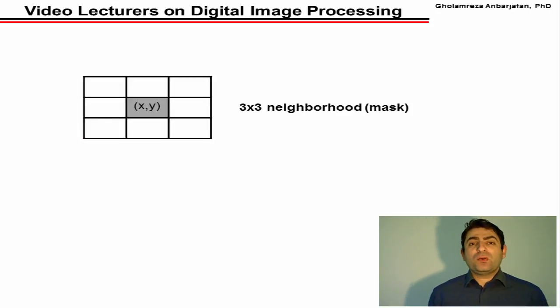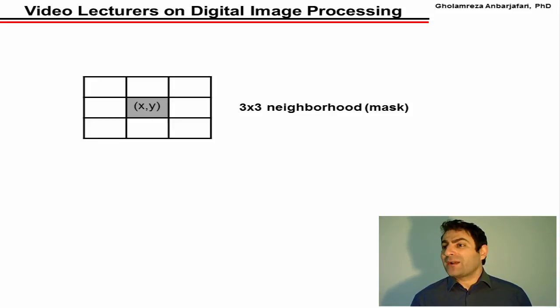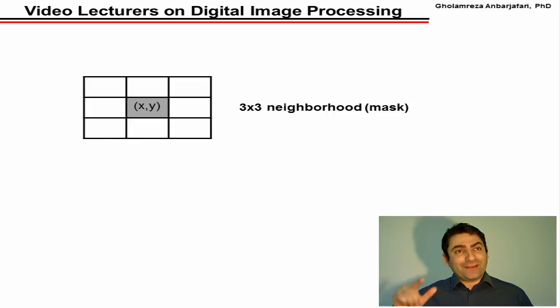Now, a neighborhood about the pixel X and Y uses a square or rectangular subimage which is centered at X and Y. So we have to define what we mean by this neighborhood. Here in this slide, you can see a 3 by 3 mask or neighborhood. A 3 by 3 mask at X and Y means that the center of this mask is at point X and Y, and we have 8 other pixels around it.